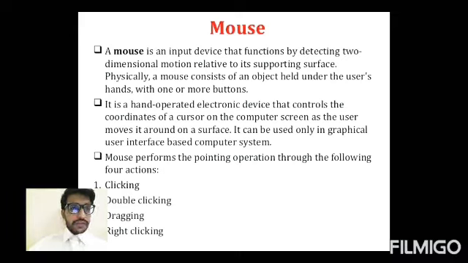It can be used only in a graphical user interface based computer system. Mouse performs pointing operations through the following four actions: clicking, double clicking, dragging, and right clicking. It looks like a real mouse with a scroll wheel as a tail, and the part we hold is the body.